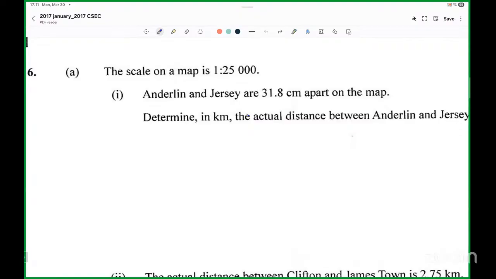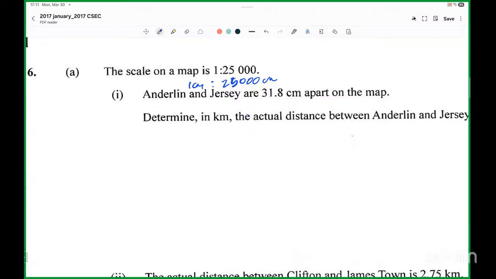So this is the scale of a map, 1 to 25,000. For example, it means that 1 centimeter on the map would be 25,000 centimeters on land. That's what it means. The map is going to be in centimeters, that's small space. On the land, it's going to be in meters or kilometers.